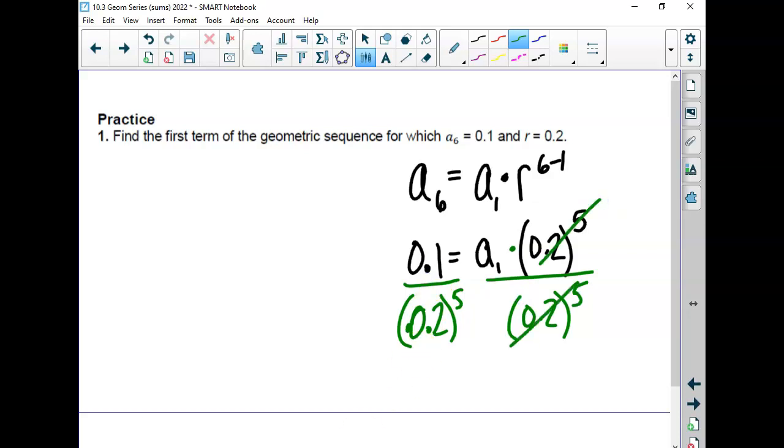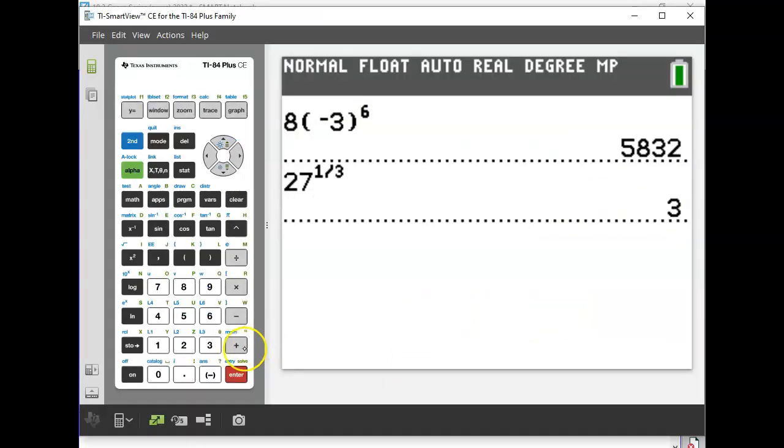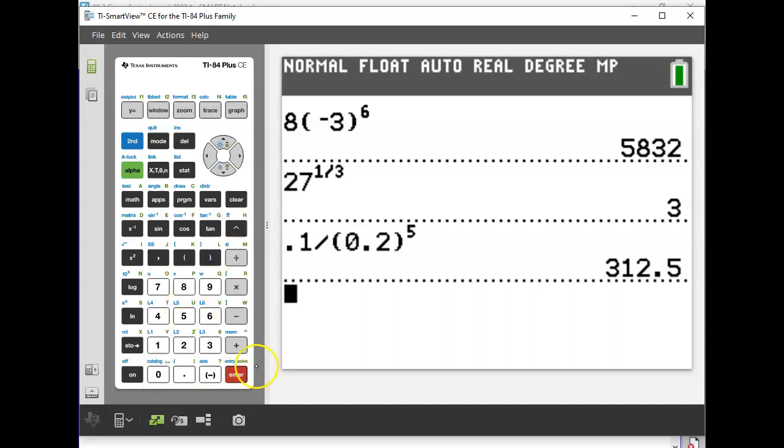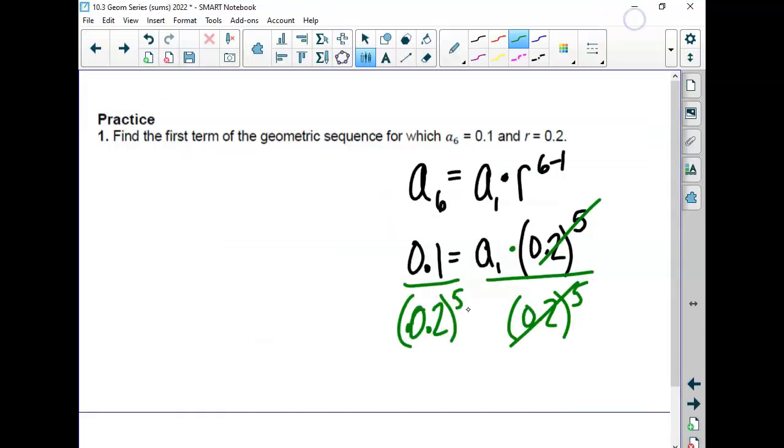So a sub 1 is 0.1 divided by 0.2 to the 5th. 312.5, anybody else? That would be the first term.